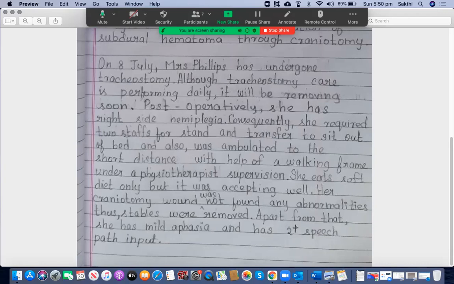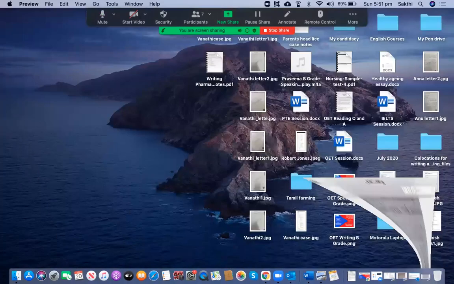Two plus, more than two speech path inputs. That's what you should have mentioned. I mean, more than one. So you should say more than one speech path input or two speech path inputs, something like that. Let's go to the next page.